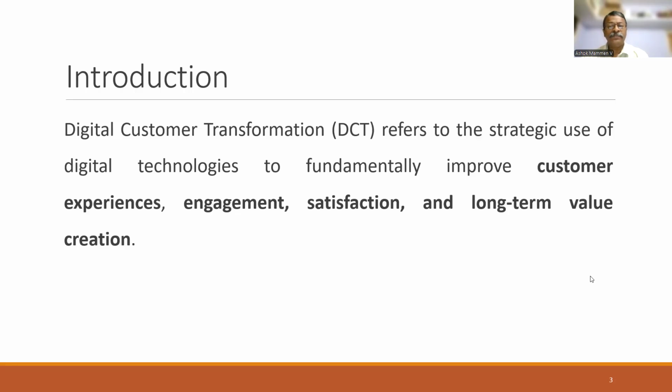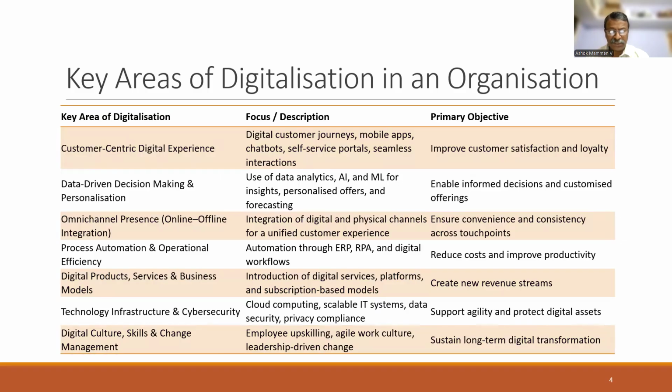Going forward, which are the key areas of digitalization in an organization? We have defined 7 key areas of digitalization that happen in an organization. The first is customer centric digital experience.